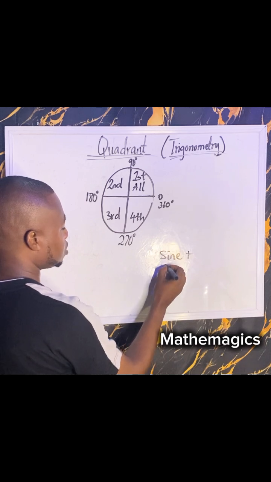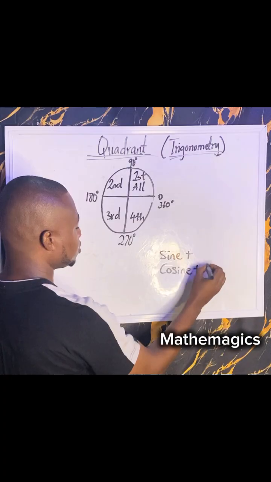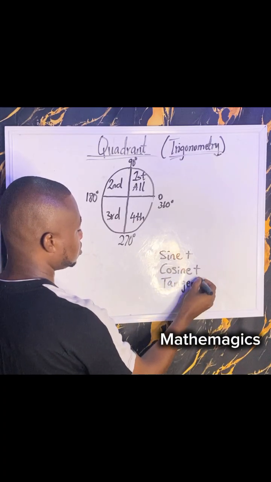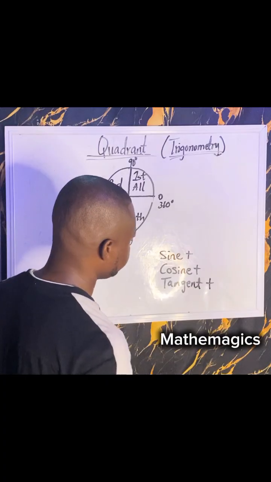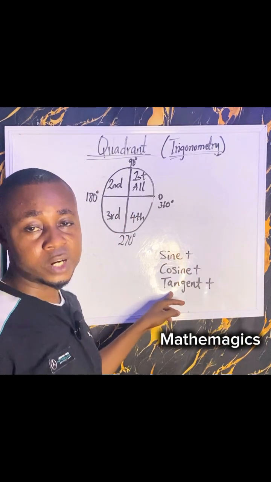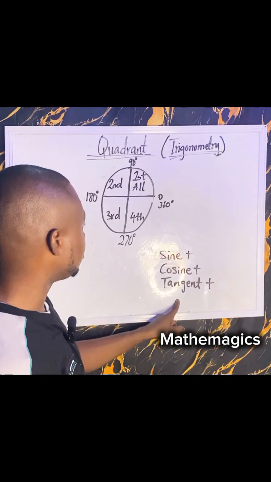Be it your what? Cosine, it's going to be positive. Be it your tangent, it is also what? Positive. So that is what the first quadrant entails. All functions here are what?